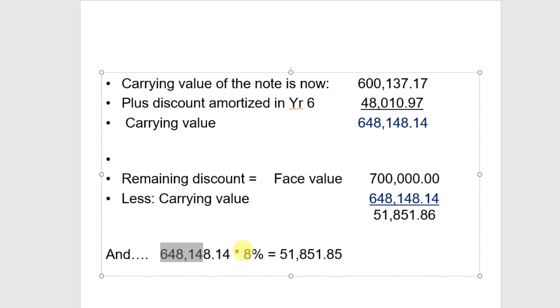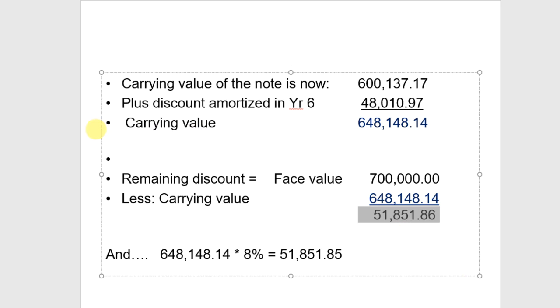And this is just to prove that we did. And a 1 penny rounding error is fine. So at the end of the second year, we're going to get our $700,000. We're also going to have interest revenue. And the customer is paying off the note.